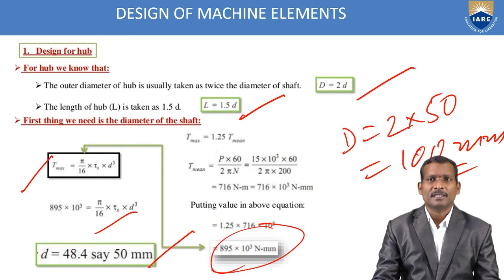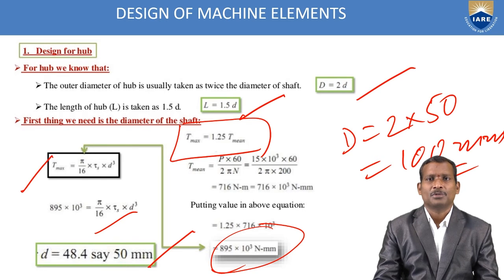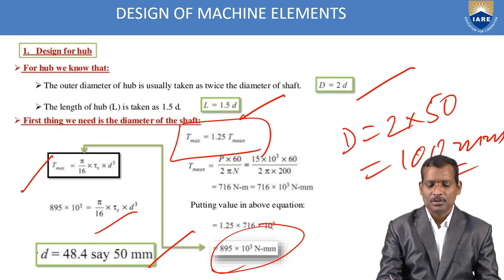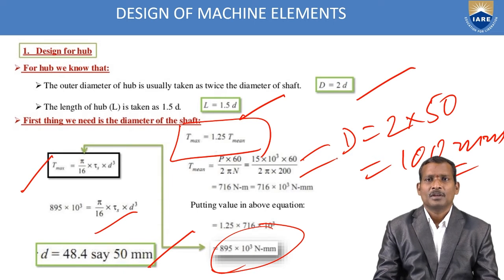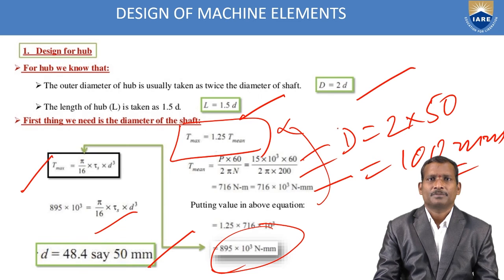The given condition is T max is equal to 1.25 times T mean, where T mean is equal to 60 P by 2 pi N. Power and speed are already known; putting the values in the equation, you get T mean as 716 Newton meter. Substituting this value in the above equation, you get T max.